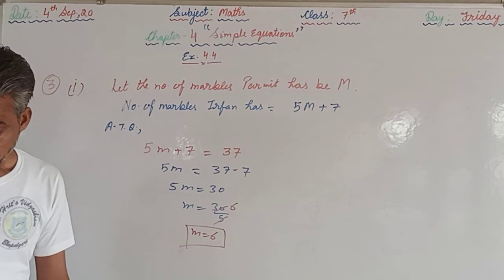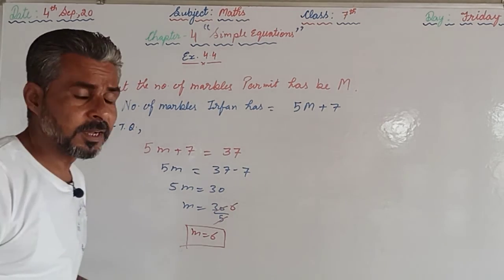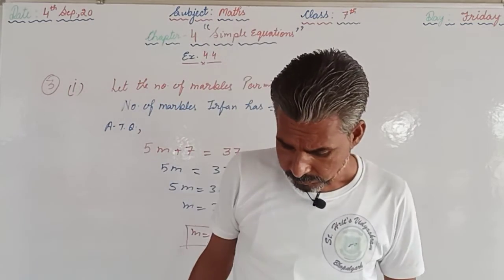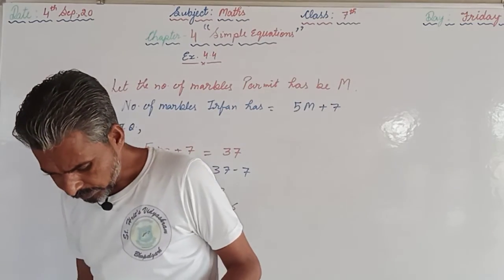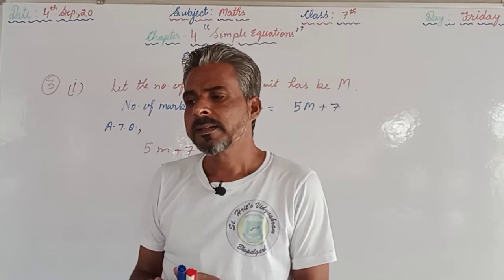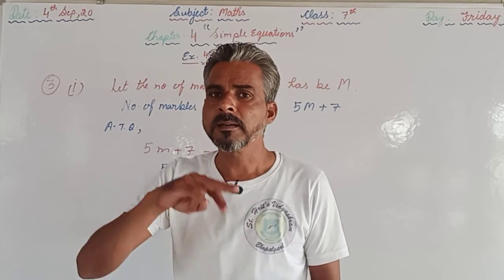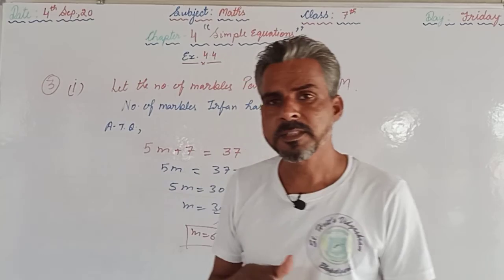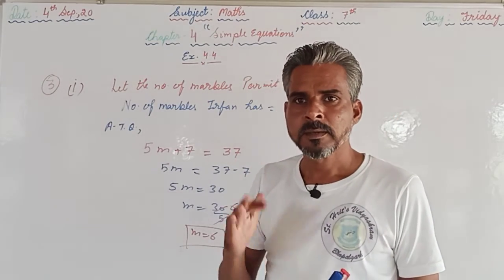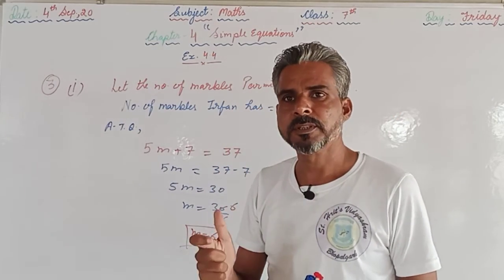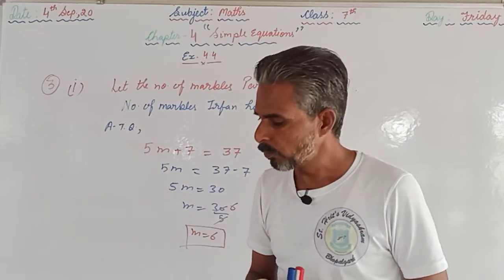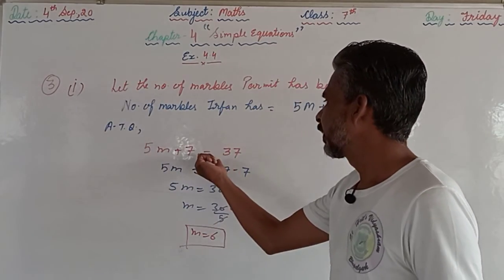This is the method which we are supposed to follow while solving such types of questions. I told you previously as well, these types of questions have 2 parts. In the first part, the first job is to frame the equation using the information given in the question, as we have framed that equation.